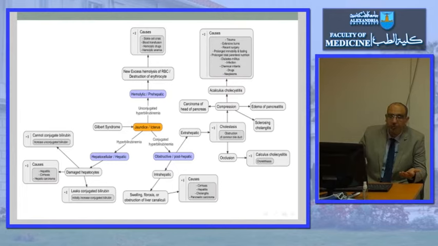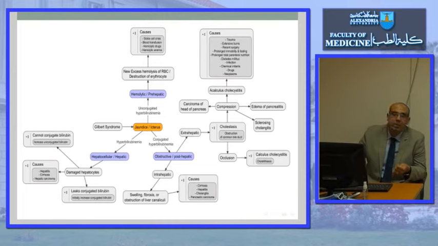Inside the liver, if there is a problem, as we said, in the hepatocyte during conjugation, it is called hepatic jaundice, and sometimes we call it cholestasis. Cholestasis, what is meant by that? There is conjugation in the liver, but the bilirubin cannot reach the duodenum. The cause might be an obstruction or inability of the bilirubin to reach the duodenum.